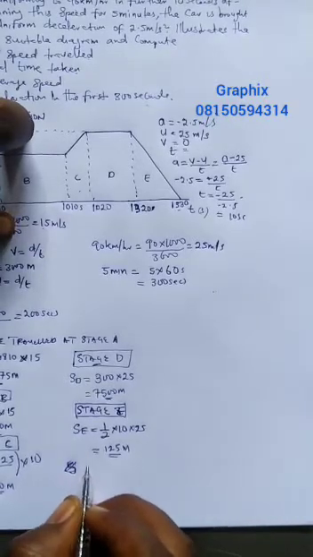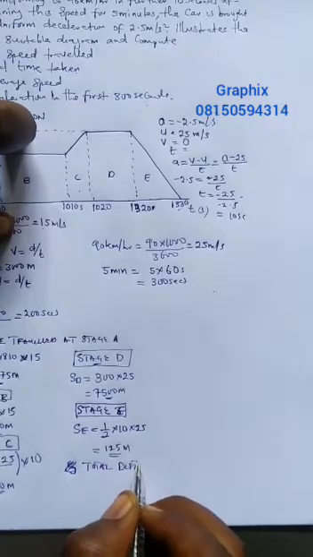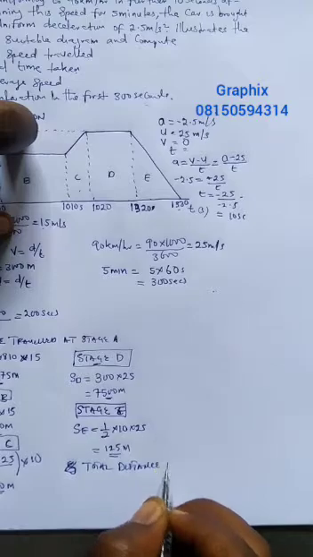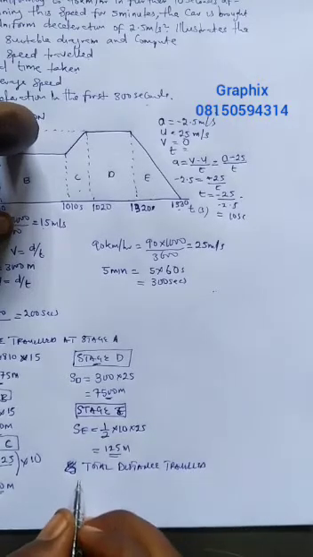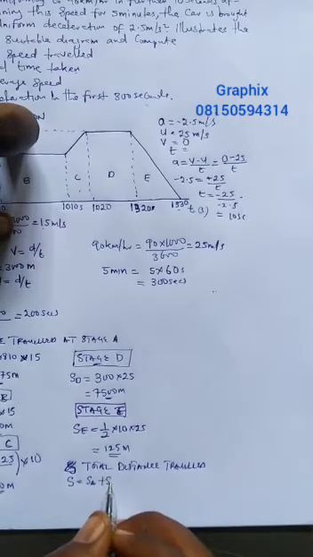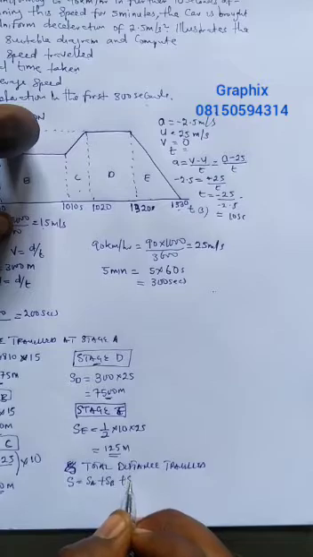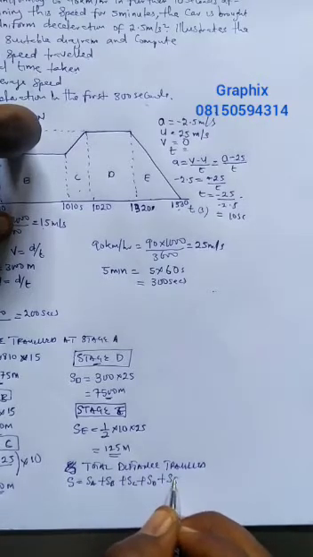Total distance traveled will be SA plus SB plus SC plus SD plus SE.